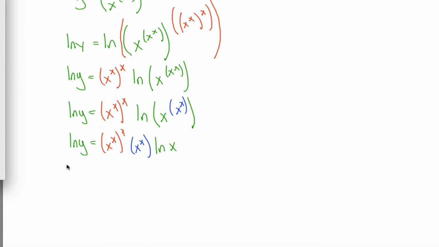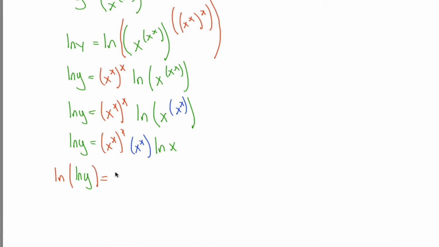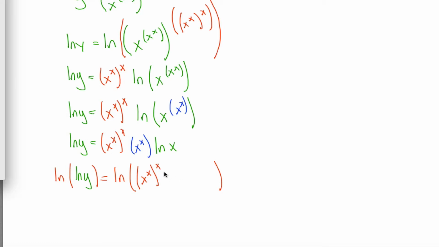Okay. So I have the natural log of y. And that's equal to the natural log of something, x to the x raised up to the x, times something else, x to the x, times something else, the natural log of x.